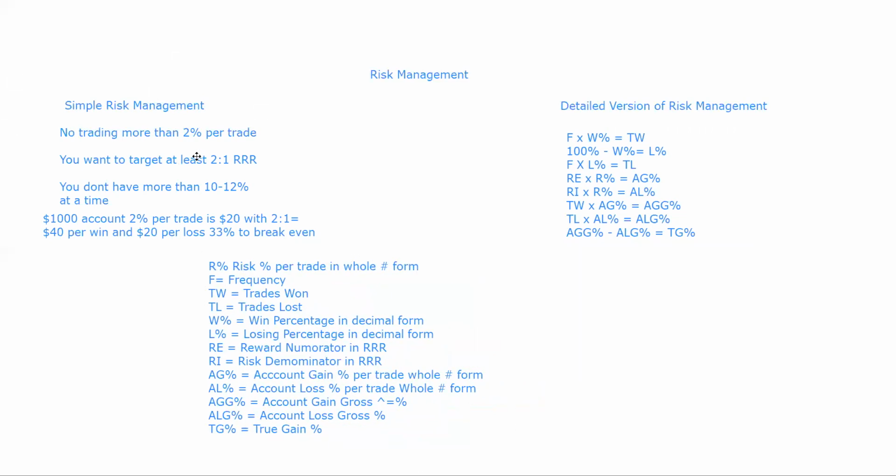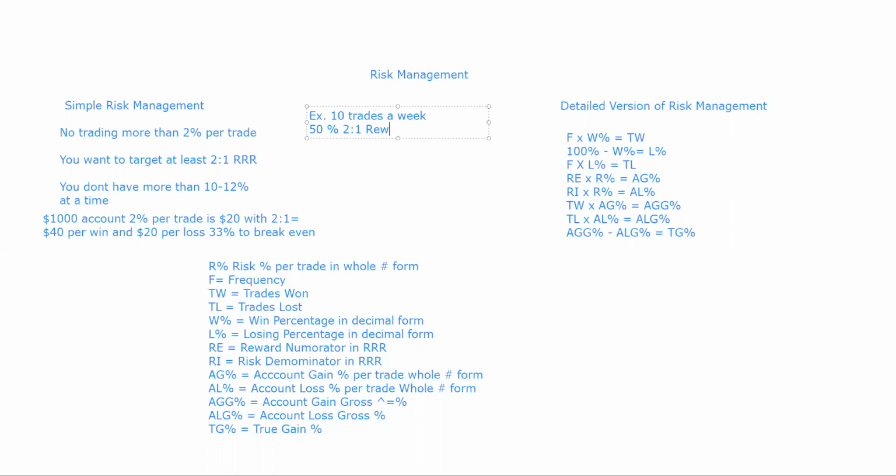Same thing. In the example, we're going to do 10 trades a week, not even 70, 50% accuracy, 2 to 1 reward to risk.